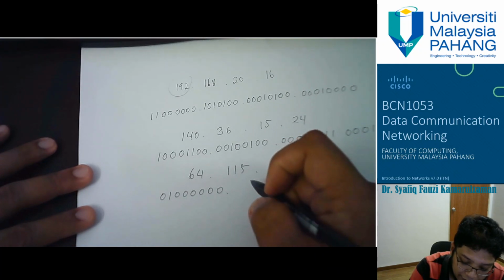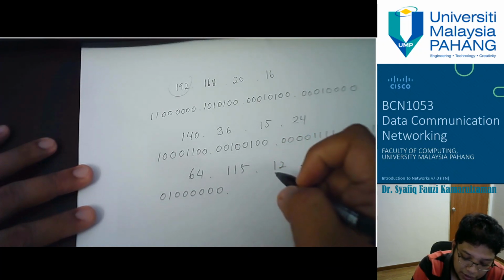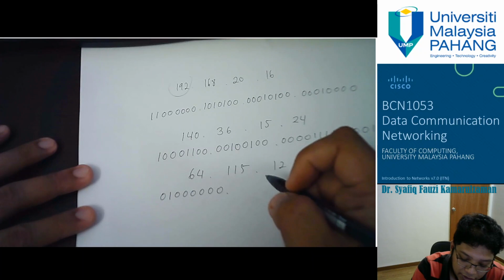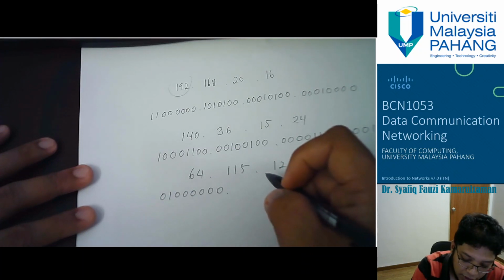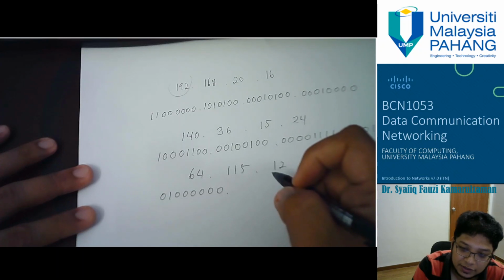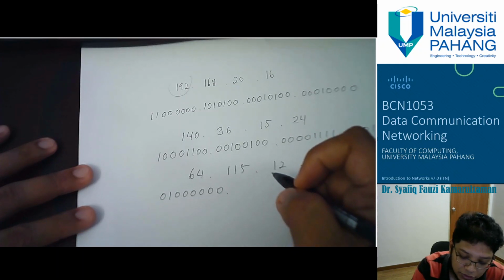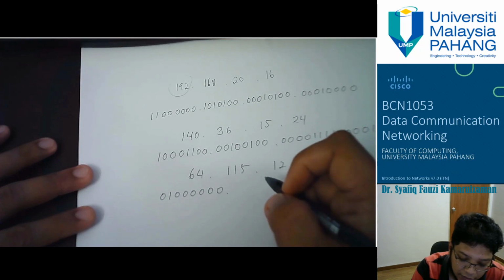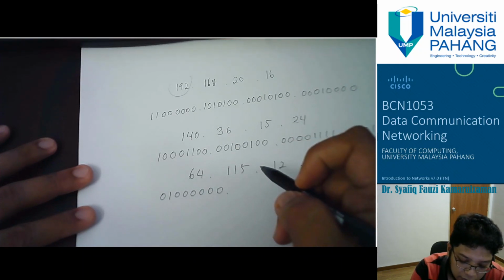And then for 115, the closest one is not 128, the closest one is 64. So 115 subtract 64, you should get around 51.